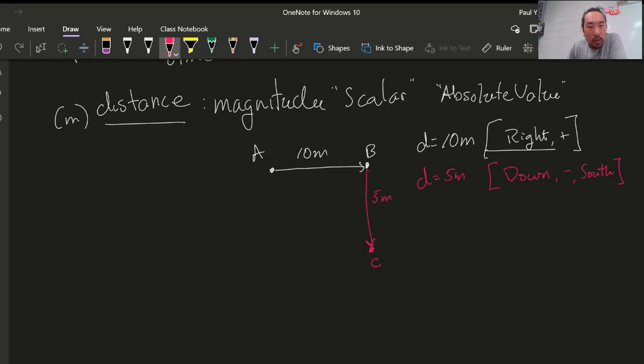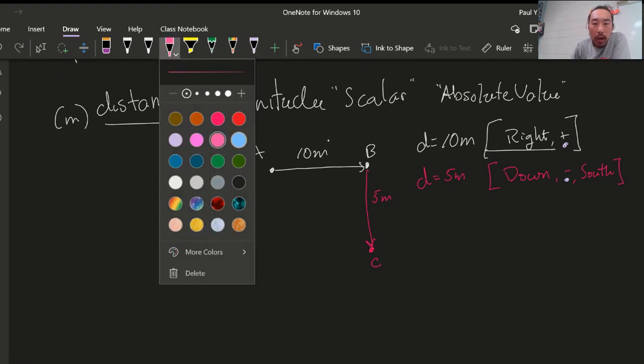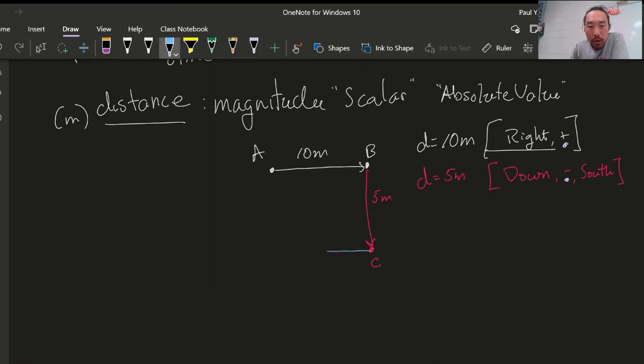Magnitude or scalar does not have direction. And by default, for physics, it means that we're looking at the absolute value. If you're wondering where that absolute value idea comes from, it's from this idea of positive or negative, which are missing. From here, let's say we travel to the left, to position D, and let's say we travel 4 meters.